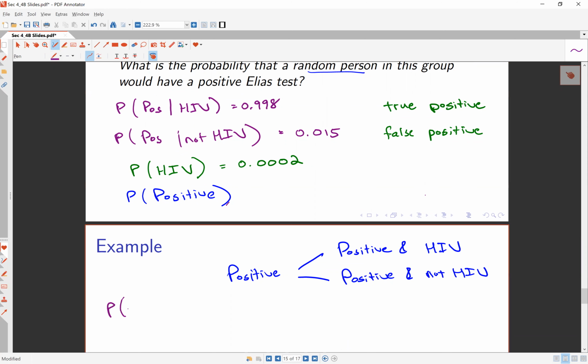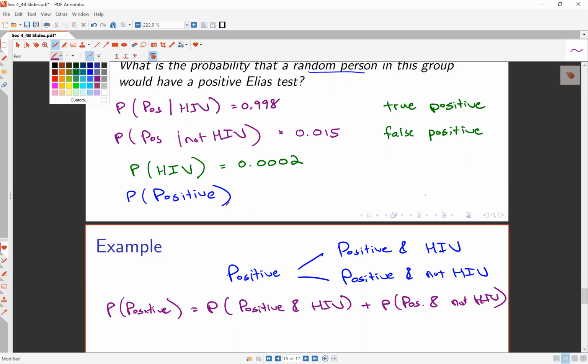So the probability of a positive test result is equal to the probability of having a positive test result and being HIV positive, plus the probability of having a positive test result and not being HIV positive. And for each of these, we have conditional information, in one case conditioning on HIV, in one case on not HIV, that'll allow us to apply the multiplication rule.